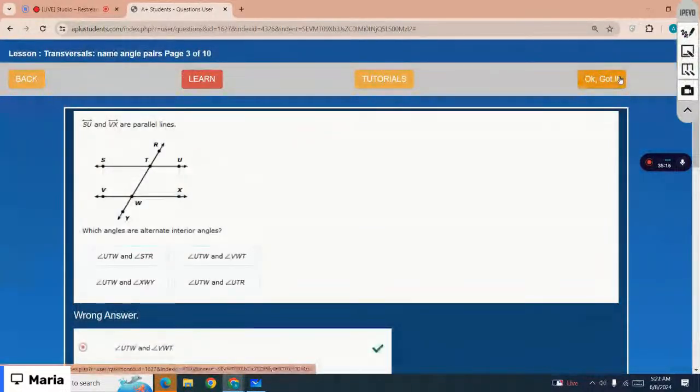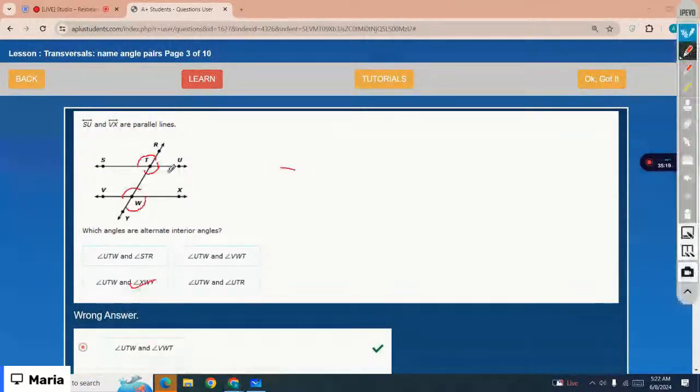UTW and VWT. Hold on. UTW and VW. Okay, yes, VW.